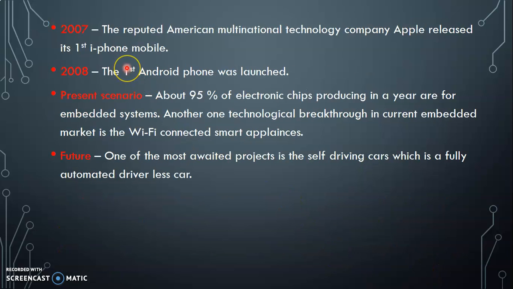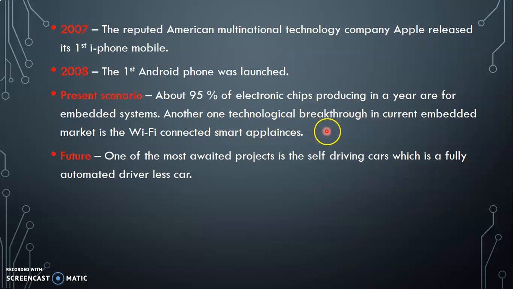Moving on to 2007, the reputed American multinational technology company Apple released its first iPhone, and in 2008, the first Android phone was launched. So in the present scenario, about 95% of the electronic chips introduced in a year are for embedded systems.